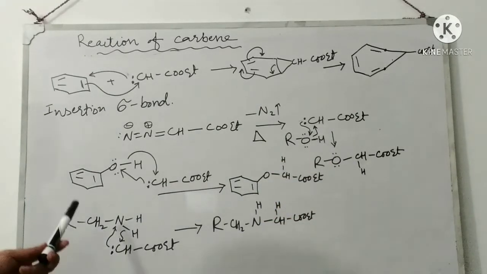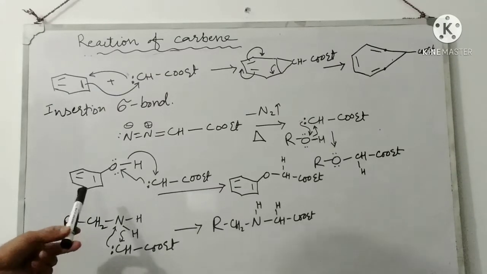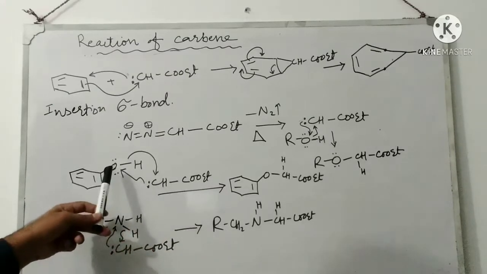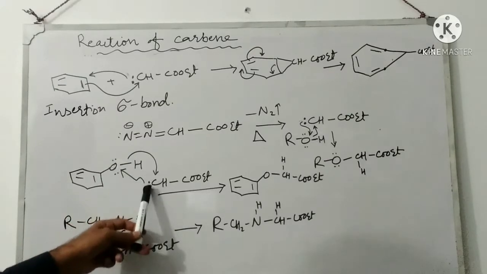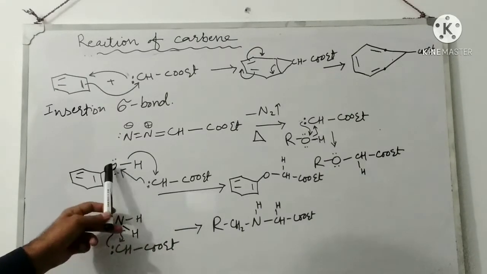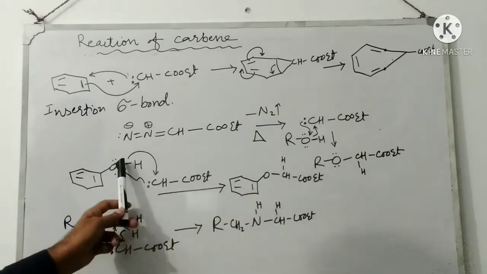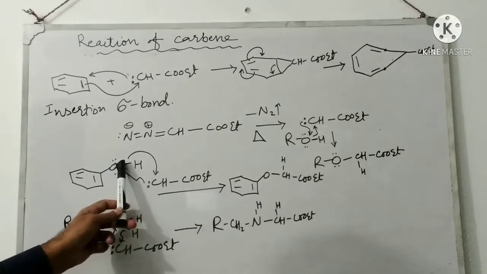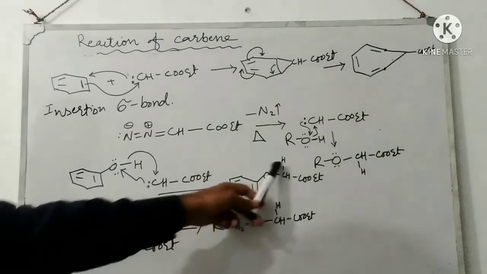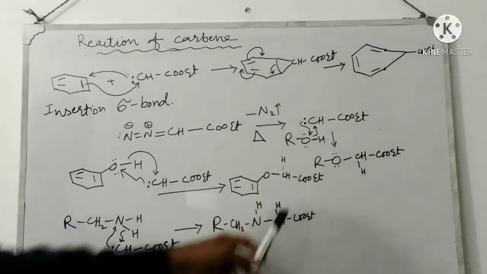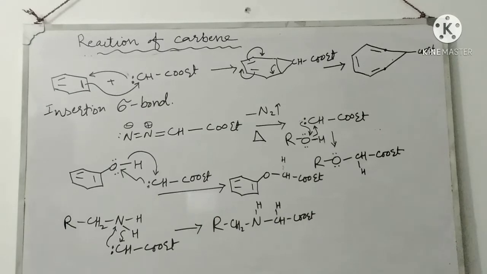This is another insertion of the carbene into the sigma bond of phenol. Here these two electrons make the bond between this carbon and the oxygen, and then the hydrogen makes the bond with this carbon, giving this ether product.